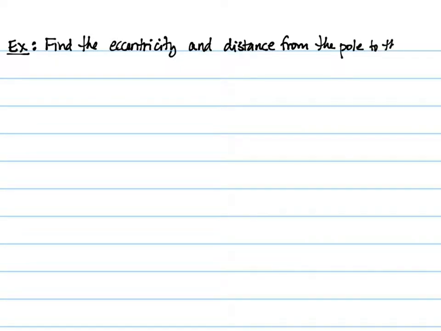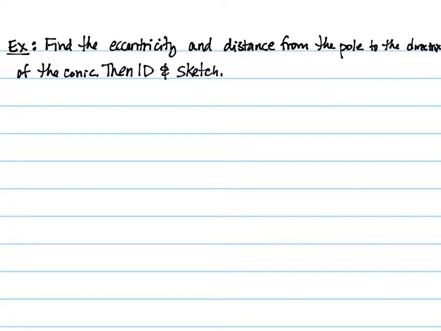To the directrix, right? That's the distance to the directrix, excuse me, of the conic. And we're actually going to sketch too. Then we're going to identify and sketch the graph. Identify means we're going to decide, is it a hyperbola, is it an ellipse, is it a parabola?